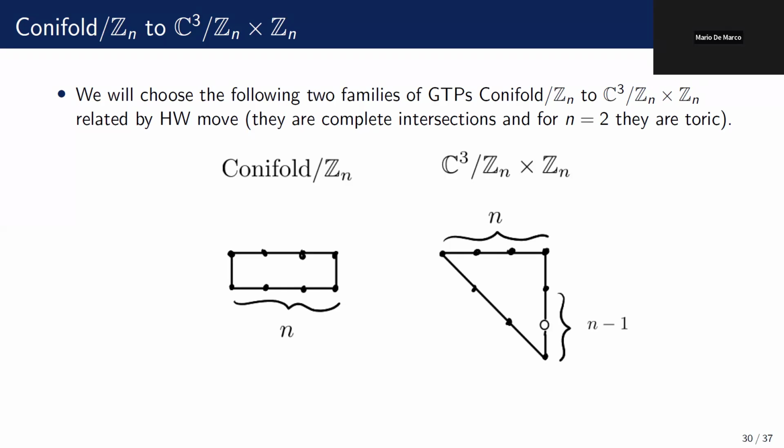Mario. Maybe can I ask one? Hello, thank you for the talk. It was very nice and interesting. My question is, when I have an isolated threefold singularity, say described by a hypersurface, usually the fact that I can assign some C-star weight to the variables describing the threefold is related to the fact that I have some kind of conical structure in the Calabi-Yau threefold, that is a C-star cone over a base.